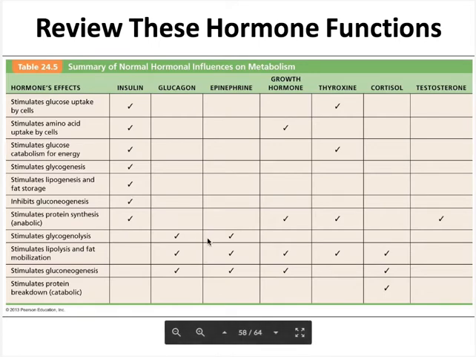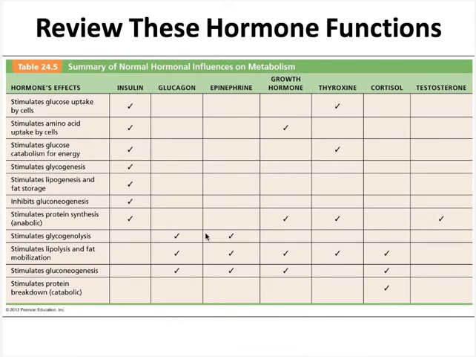You see over here that things like epinephrine and cortisol tend to have really similar effects to glucagon, right? And that makes sense because we've already acknowledged the fact that this post-absorptive state could be initiated from glucagon release as well as through the sympathetic nervous system, which relied really heavily here on epinephrine.